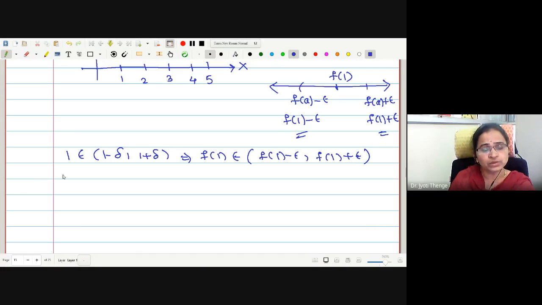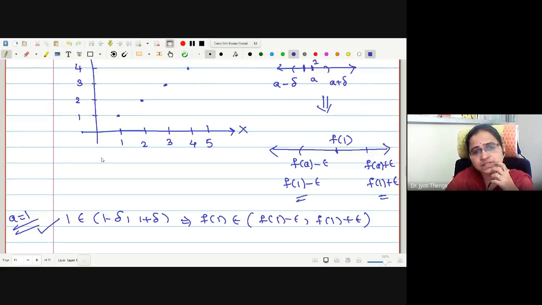Therefore, according to the definition of a continuous function, the function is continuous at a equal to 1. Correct. Let us do the same thing for a equal to 2. Whenever we take a equal to 2, 2 will lie in the interval 2 minus delta to 2 plus delta, and as it is the only point of the domain, its f image, f of 2, must lie in f of 2 minus epsilon to f of 2 plus epsilon.